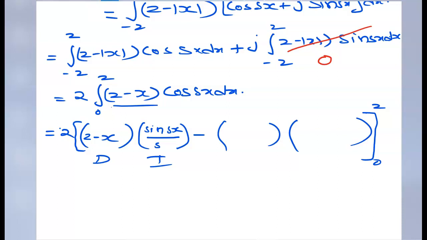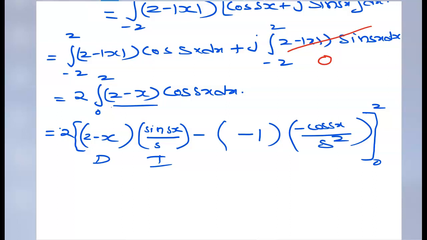Actually learn it like this. What does it mean? We are doing it by integration by parts rule. What is the differentiation of 2 minus x? Differentiation of the first bracket 2 minus x is, differentiation of 2 is 0 and minus x is 1. Integration of sine is minus cos sx by s square.